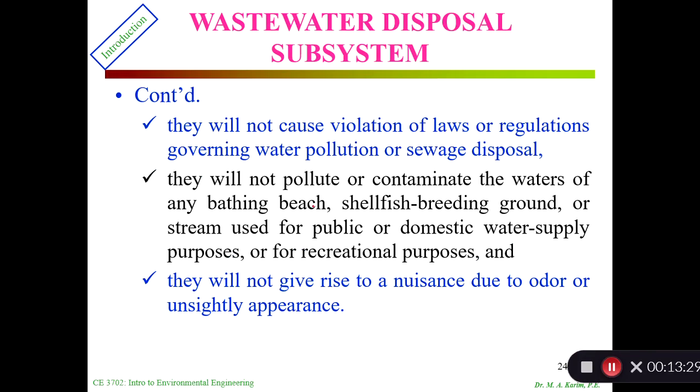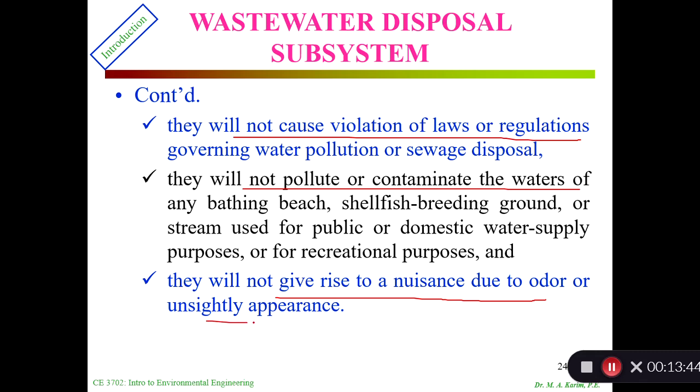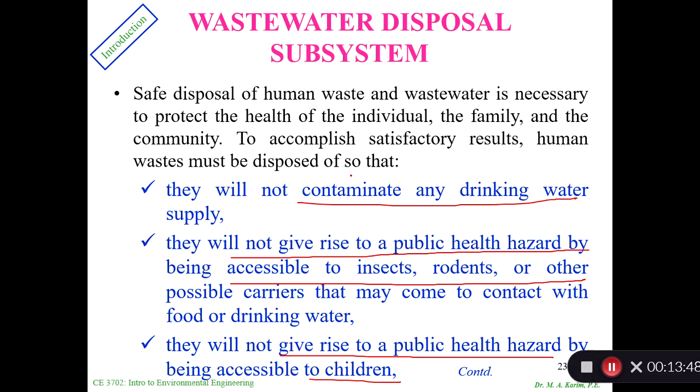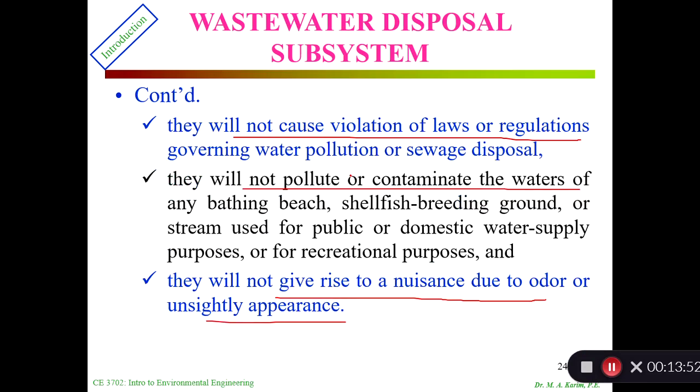It will not cause violation of laws and regulations. It will not contaminate the waters, bathing beaches, shellfish, and other things like that. It will not give rise to a nuisance due to odor and unsightly appearance. So these are the main objectives of the wastewater disposal system.